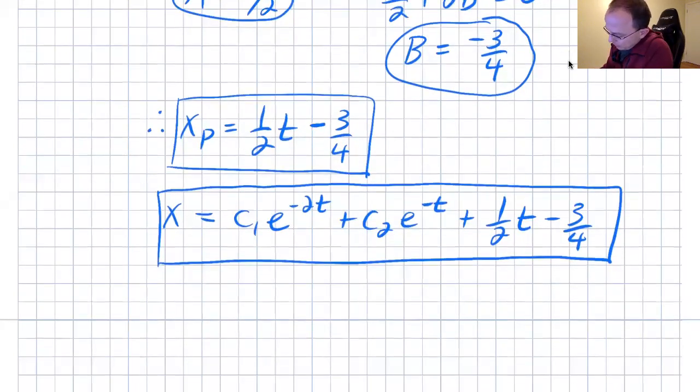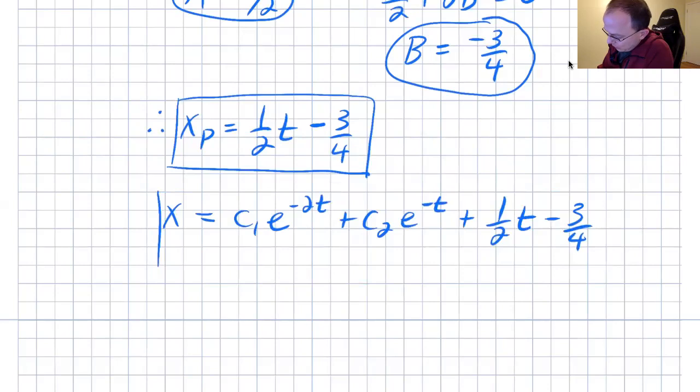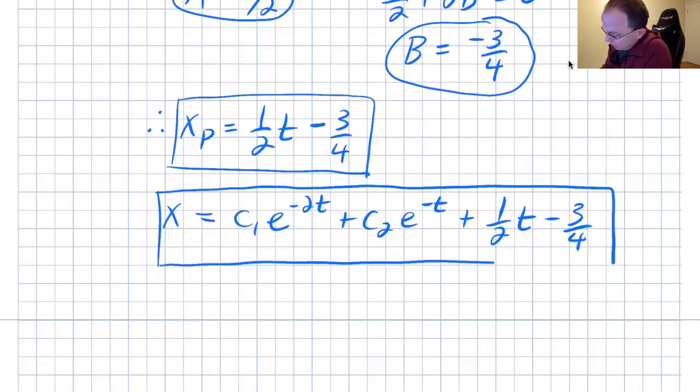Notice that the Laplace transform method is almost like doing the opposite thing. So with this method, we use the initial conditions at the end to find C1 and C2. With the Laplace transform method, we're using the initial conditions at the beginning.